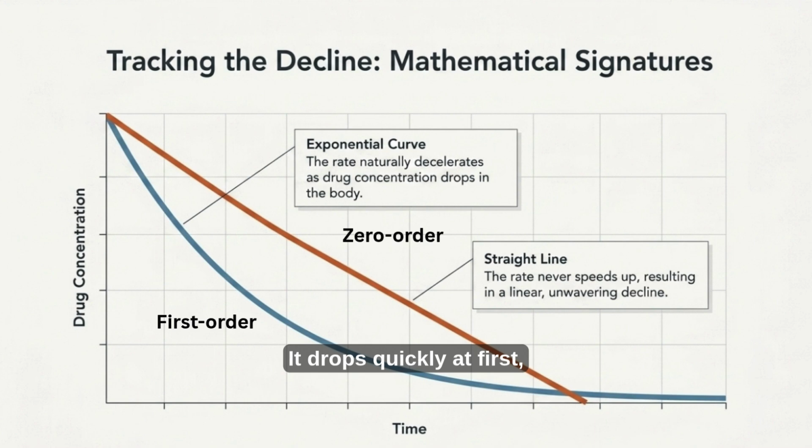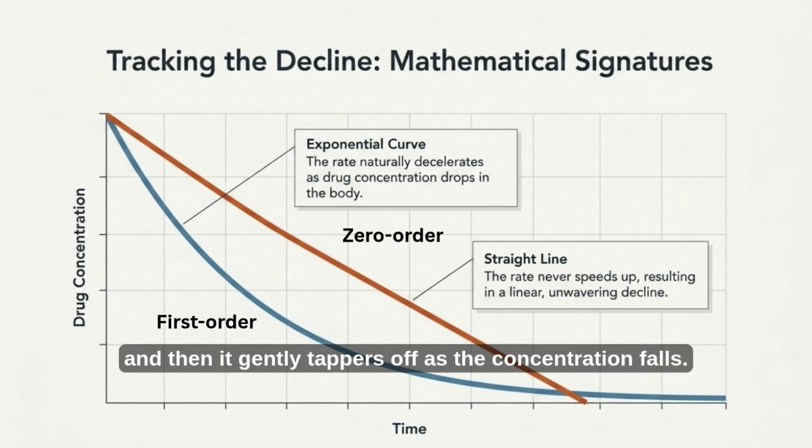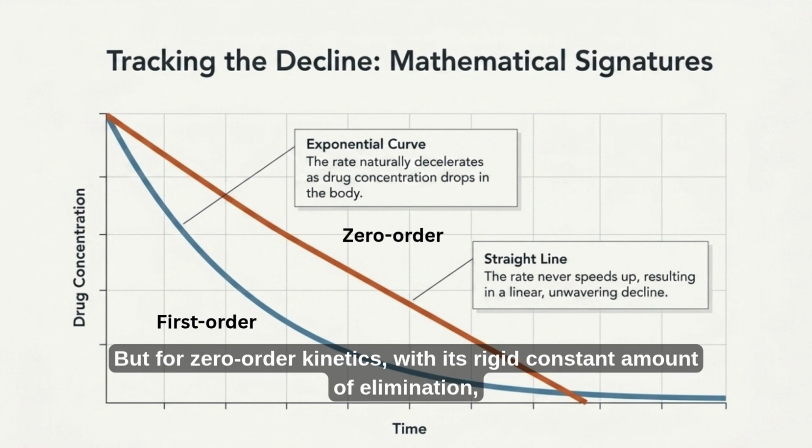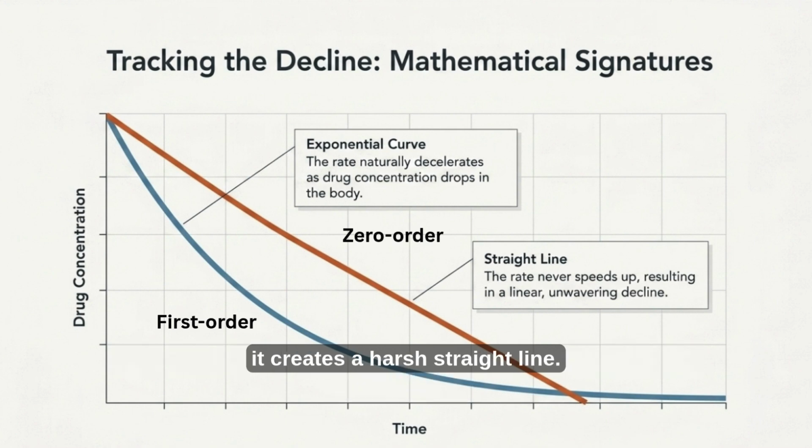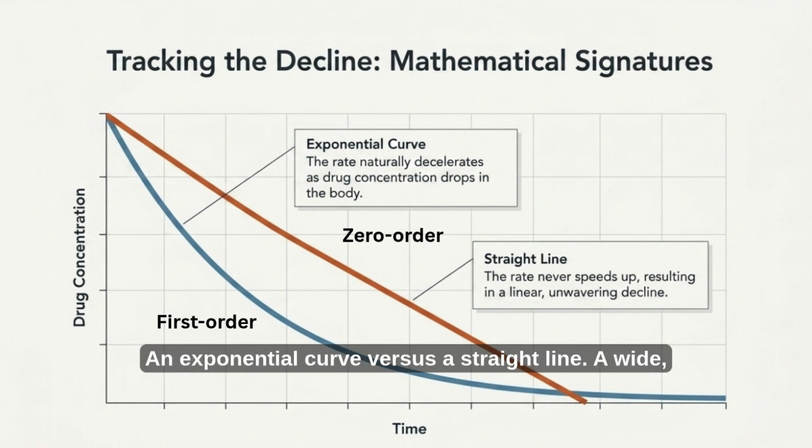It drops quickly at first and then it gently tapers off as the concentration falls. But zero-order kinetics, with its rigid constant amount of elimination, creates a harsh straight line. It's basically a fixed countdown timer. An exponential curve versus a straight line, a wide adaptable drain versus a narrow fixed trickle.